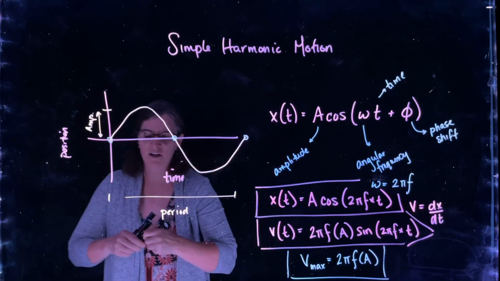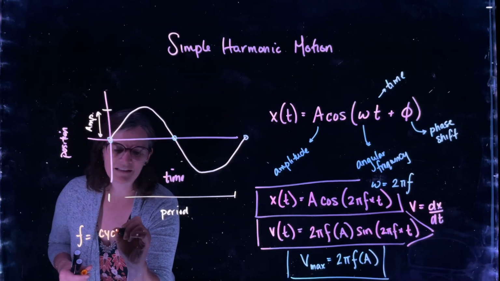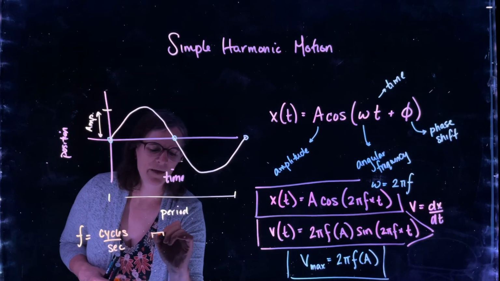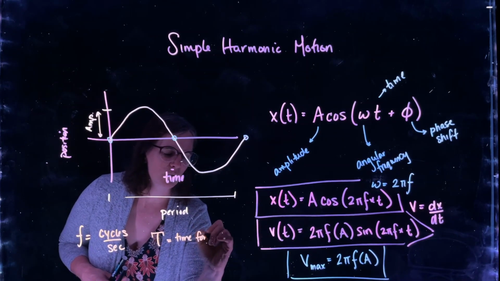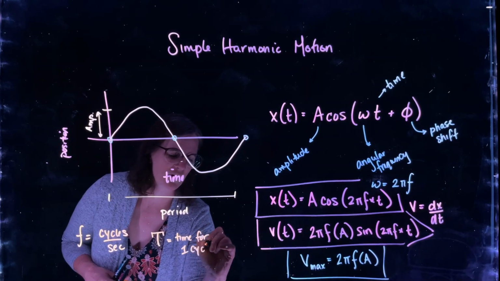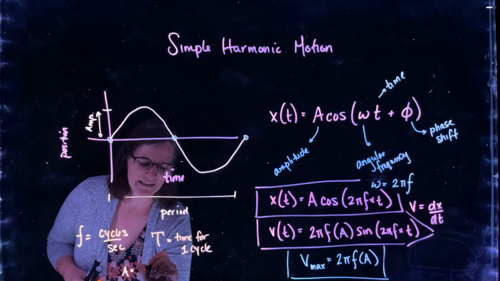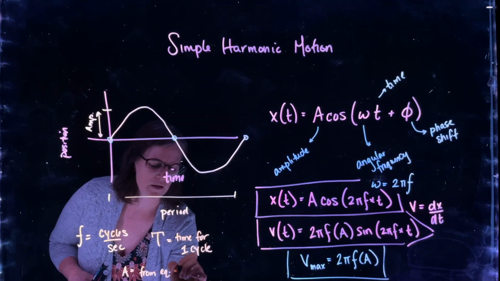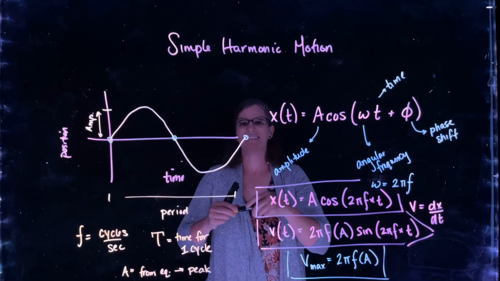And again, reminding ourselves that the frequency is our cycles per second, in case you just want to screenshot this last bit, and our period is the time for one cycle. So these are our important details. Our amplitude is from equilibrium to our peak. All right, good job.